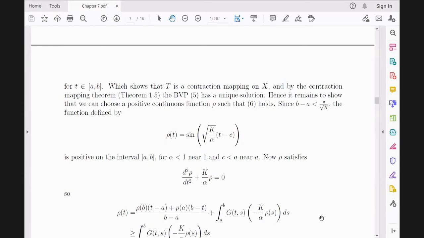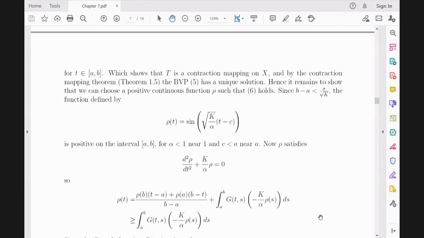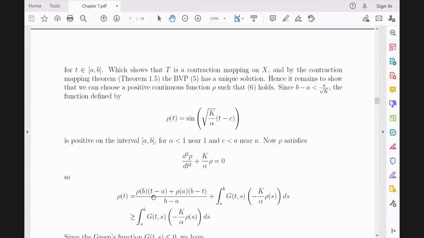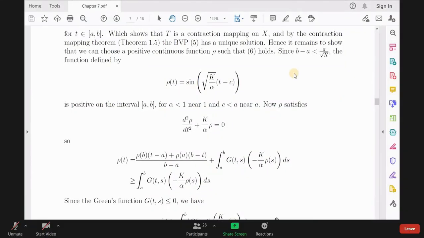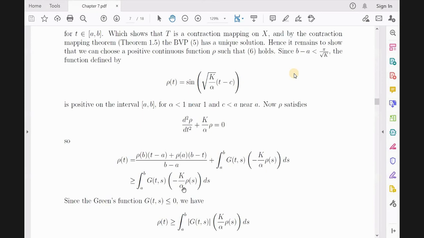So this is greater than or equal to, you can see this is greater than 0, so this is greater than or equal to the integral from a to b of the derivative of g(t,s) times minus k over alpha rho(s) ds. So rho(t) is greater than or equal to the integral from a to b of the absolute value of the derivative of g(t,s) times k over alpha rho(s) ds.